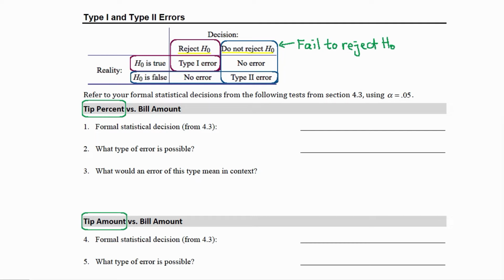Maybe if the bill is larger, the tip percent might be larger sometimes, and smaller sometimes. We did not find statistically significant evidence of an association. So in this case, our formal statistical decision was fail to reject H naught.